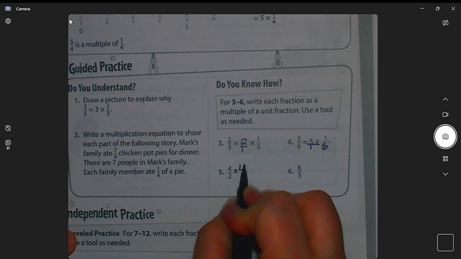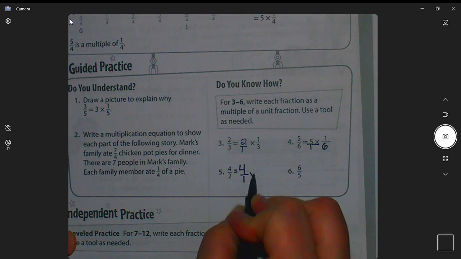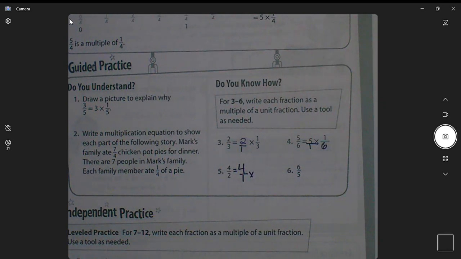So I'm going to say 4 over 1, just because when I'm writing a multiplication problem, it helps me to see what numbers I'm working with. You can leave it just a straight whole number 4, but I prefer to say 4 over 1 to say 4 wholes. 4 times what?